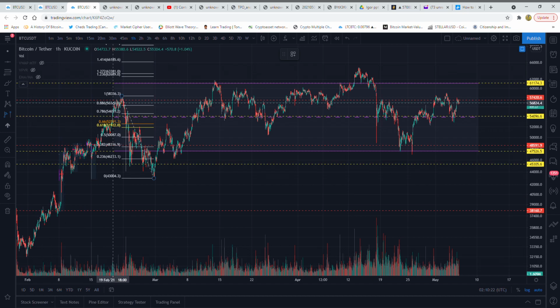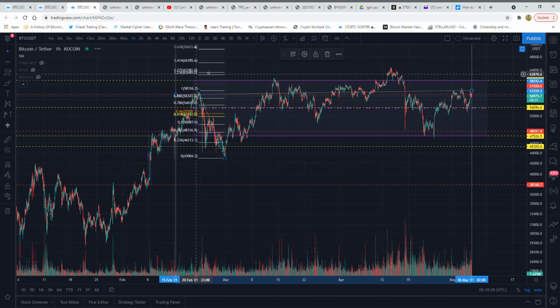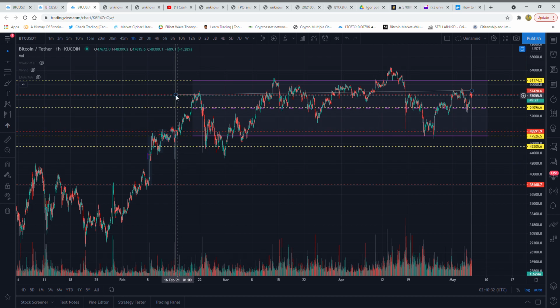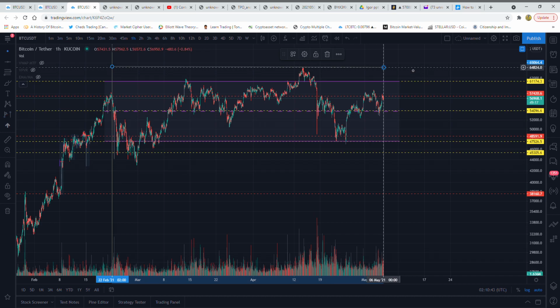Let's take the fixed range. Now this one doesn't want to work. Very nice. I just wanted to take a quick look at what's happening at the moment, but if it's not working, there is nothing that I can do.